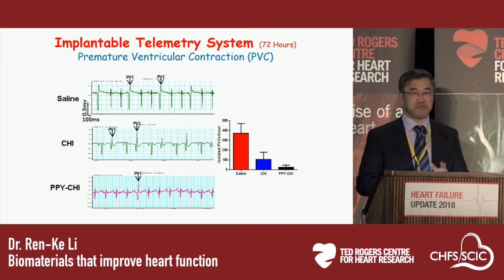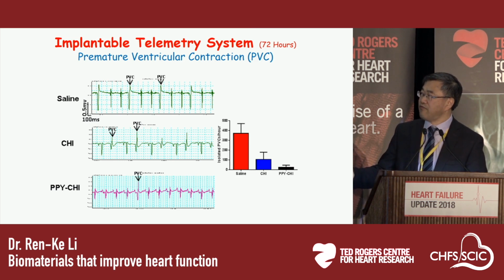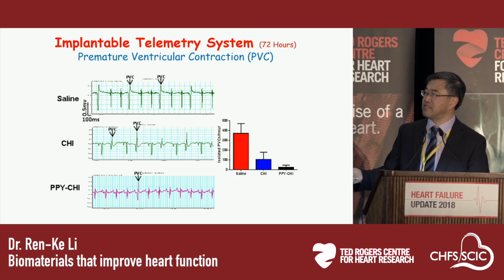And to look at the arrhythmia, we found after myocardial infarction, this is telemetry data, a 72 hours monitoring, the animal occasionally has PVCs. And with injection of the material alone, we still can see the PVCs. But in the rats where we injected the conductive biomaterial, the PVC occurrence was lower dramatically.